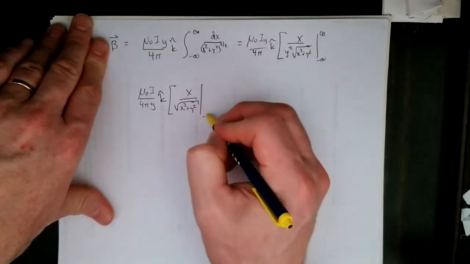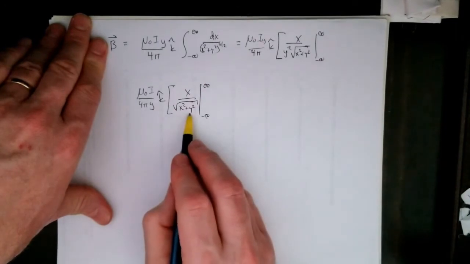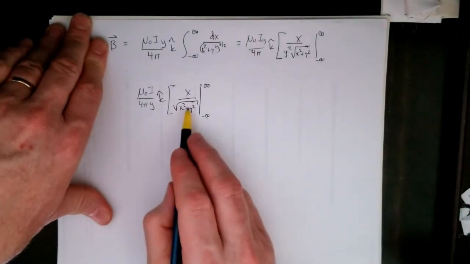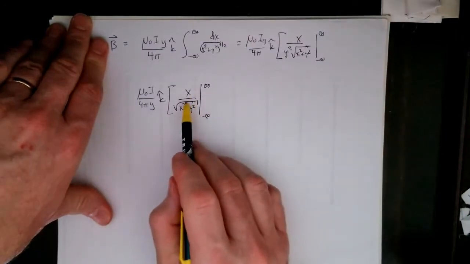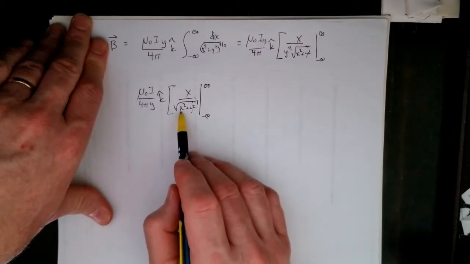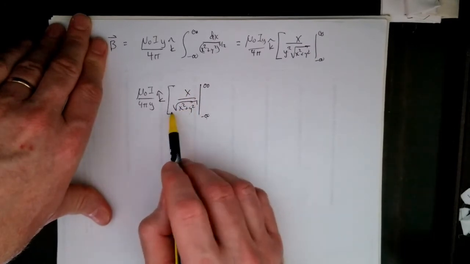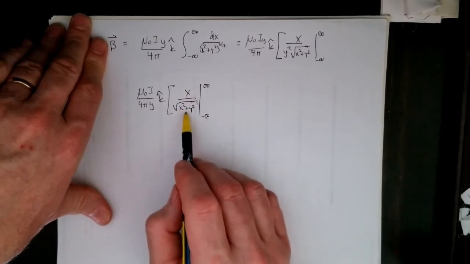Whether I plug in infinity or negative infinity, this y becomes insignificant. Plugging in infinity, I have a huge number over a huge number. They're both x's once I take the square root, because the y squared becomes insignificant, and so we end up with 1.